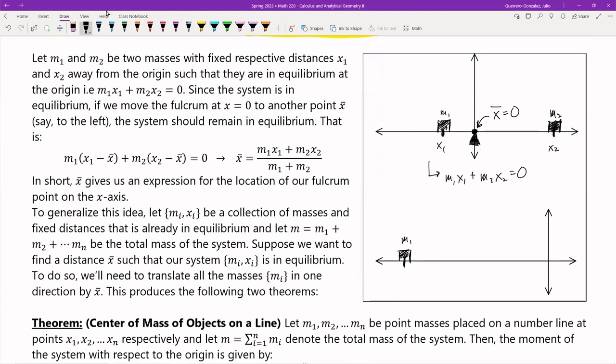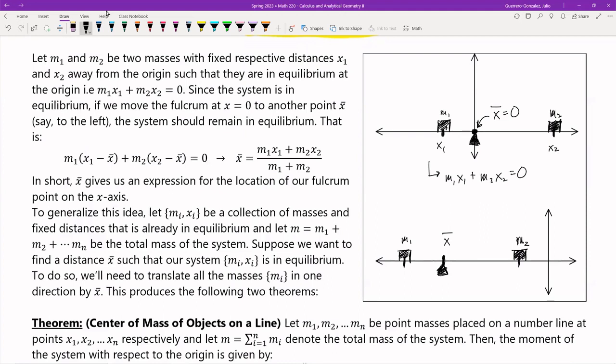Suppose that's M1, and suppose this right here is our next box, M2. Suppose we picked up our entirely balanced system and moved it completely over to the left a certain amount. Now it's not going to be zero. Here's my balancing point, and I moved it over x bar.